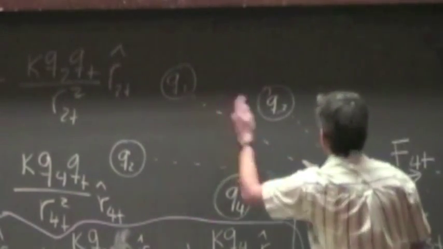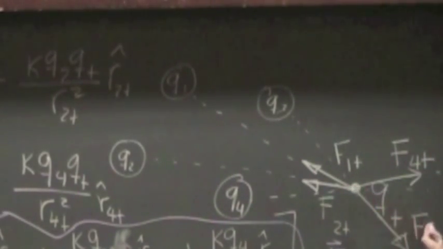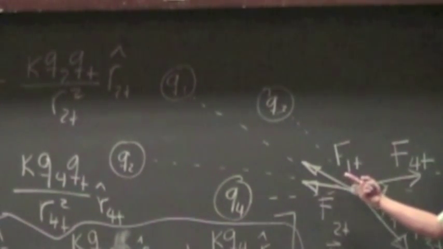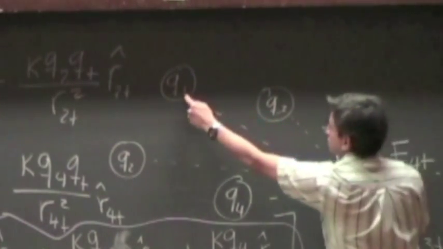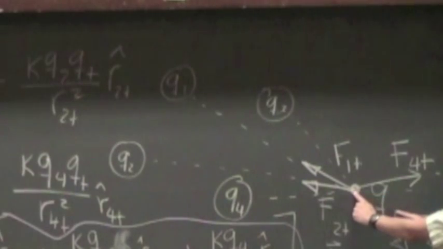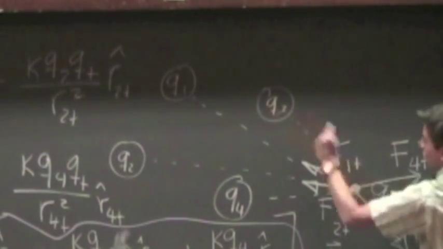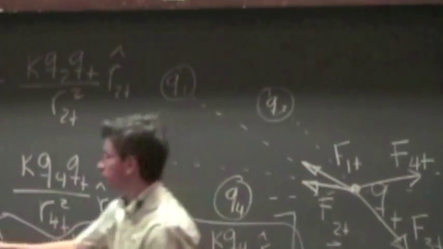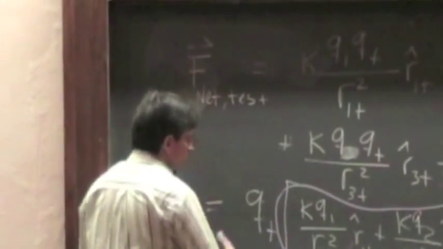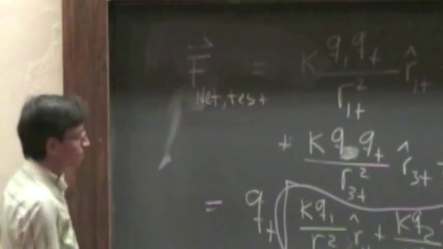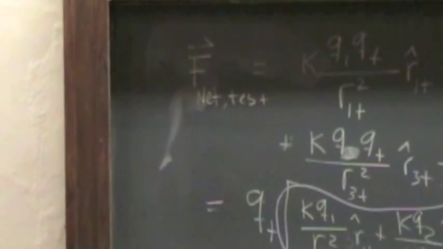Depending on the sign of the charges, the force might be along r1t hat, or it could be opposite to r1t hat, right? If the two signs are opposite, if this is positive and this is negative, then r1t hat points in this direction, and the force between them points in the opposite direction, right? Because the two q's, this q and this q, have different signs, therefore that puts a minus sign in front of the vector, right? So that's how we describe the equation.